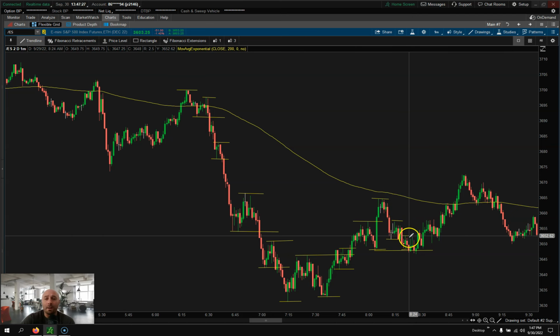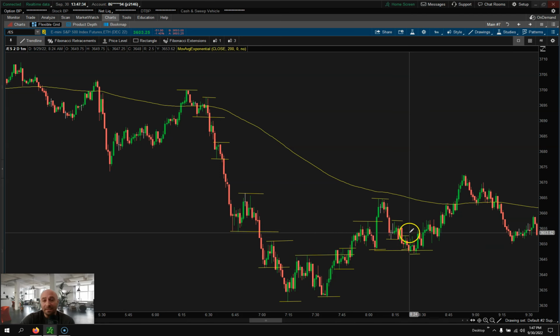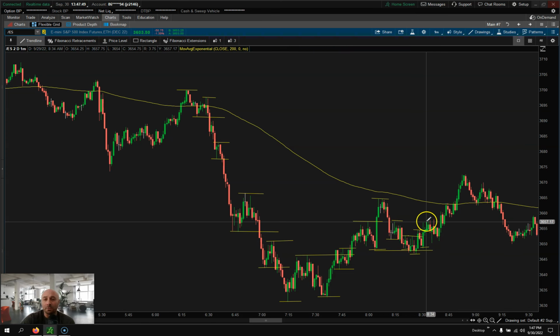A higher high, and then a lower low. And so as we're trending lower, guess what happens? We actually take out these prior highs right here on this price action. We pull back, and then when that gets taken out, we actually have a higher low, right?